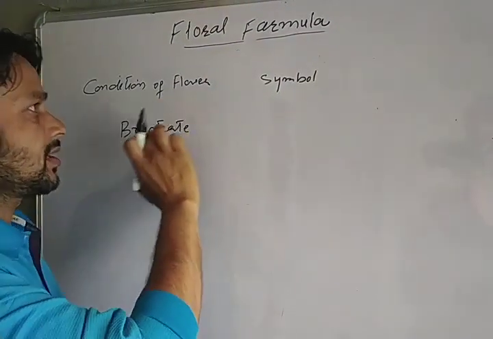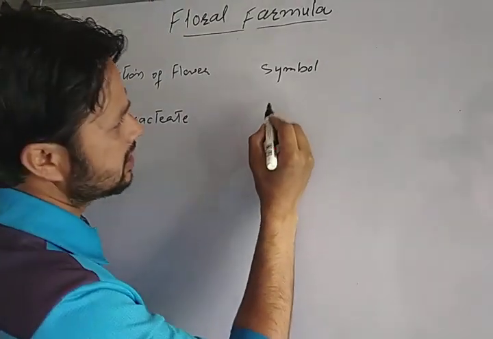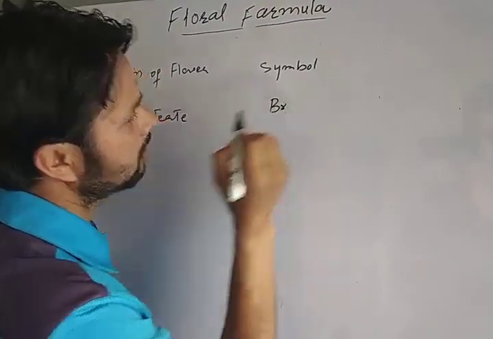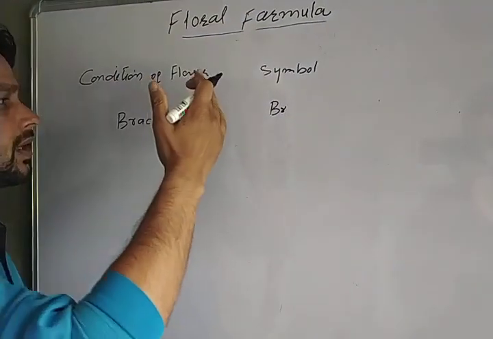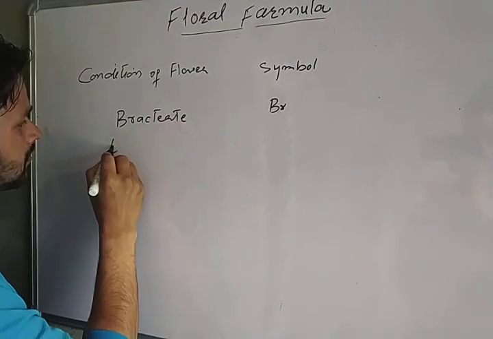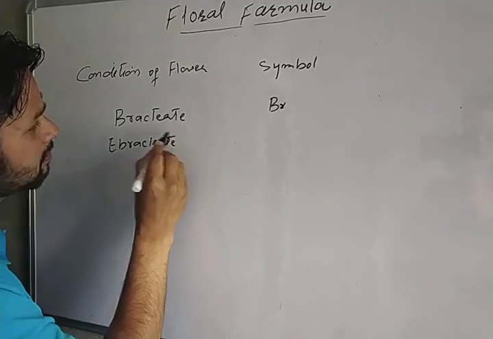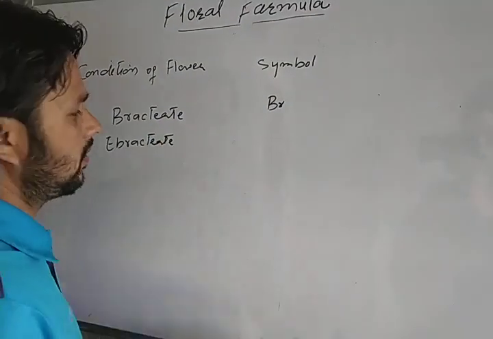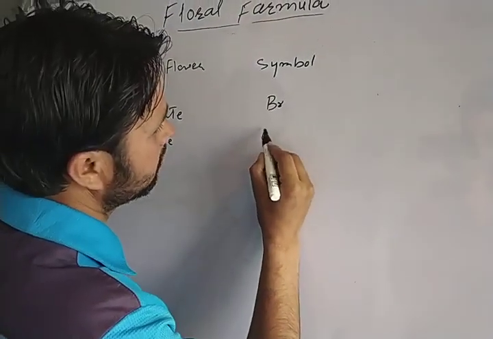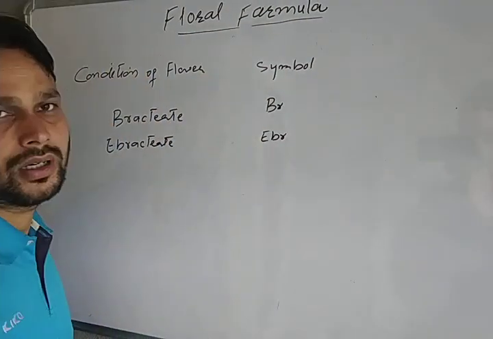Bracteate is represented by B, and if the flower is ebracteate, that means this bract-like structure is not present in the flower. We write the symbol as EBR.